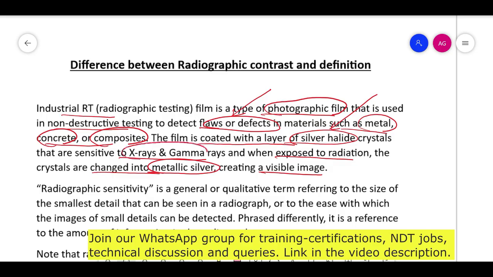Whenever X-rays or gamma rays fall on it, it will get exposed, and the silver halide crystal will convert into black metallic silver. I have made a separate video about which layers are there in the film and how the film is exposed. You can see this by going to the RT playlist of radiography. Finally you will get the visible image that you want to see.